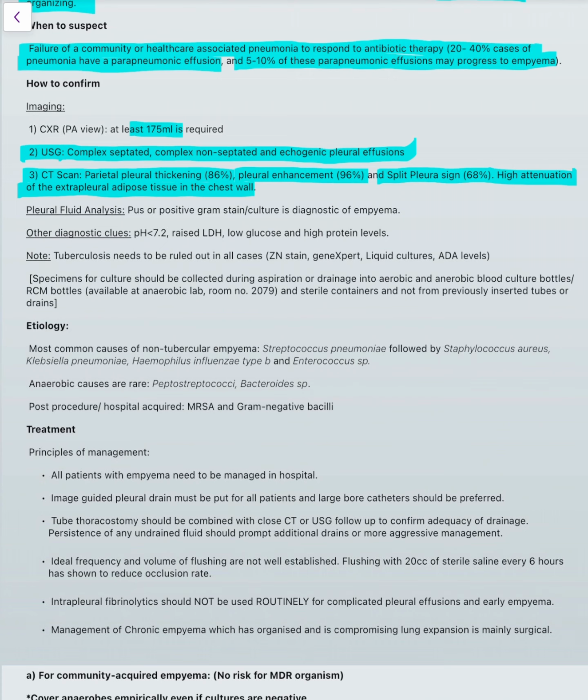These are all the findings on the HRCT scan. Right. Other than that, pleural fluid analysis: pus or a positive Gram stain or culture is diagnostic of empyema. We have to send the culture samples from the pleural fluid.